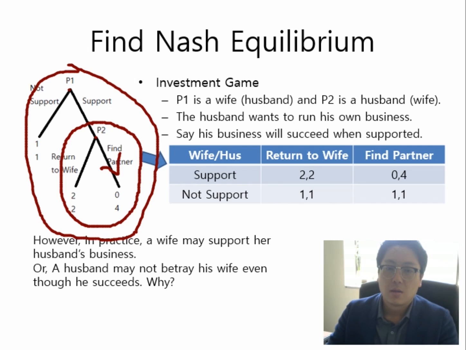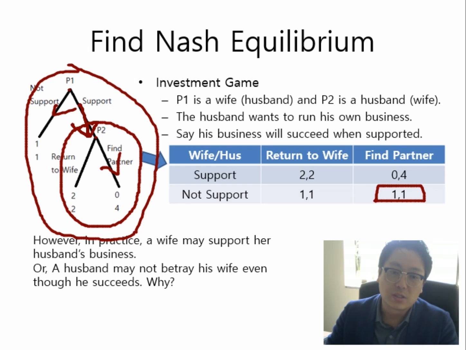So we already found the Nash equilibrium, not support, and find a partner. This is a Nash equilibrium, and this is also a subgame perfect Nash equilibrium. Why? Because when the game shrinks to this subgame, because the wife is choosing not support, this node cannot be reached.